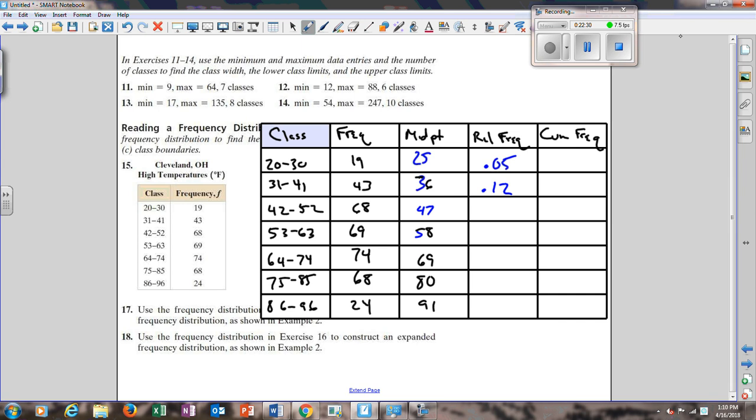Third one is 0.19. Fourth one is real similar. It's 0.19 as well. Fifth one is 0.20. Sixth one, 0.19. And the last one is 0.066. Add those together, those should come close to 1. It's not going to be perfect because we're estimating, rounding it off, but it should come real close.